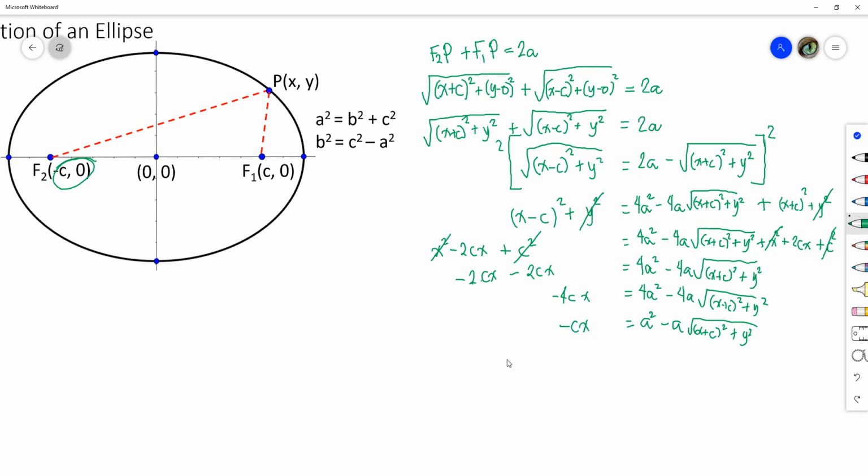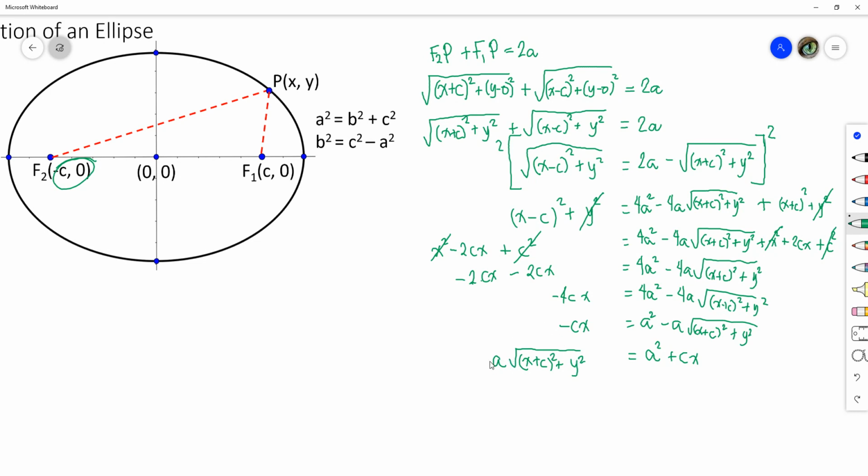So we have a square root of the squared quantity x plus c plus y squared equals a squared plus cx. Now, as we can see here, we have a radical symbol or a square root.